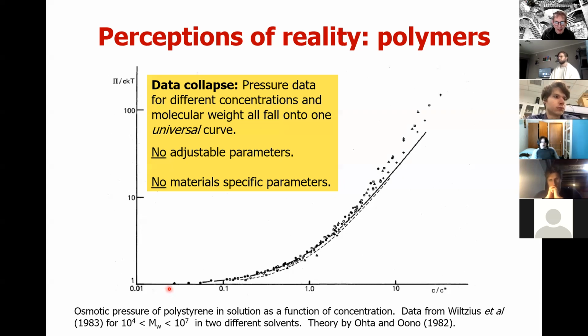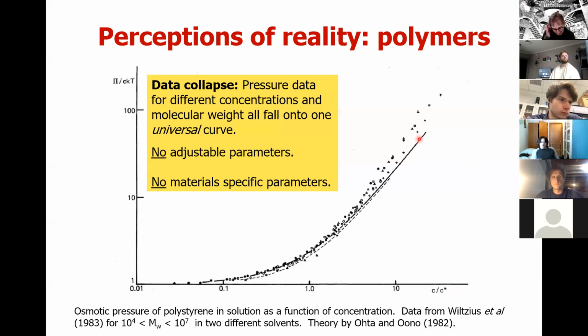And if you do that calculation, you measure the osmotic pressure pi over kT as a function of the concentration of the polymer, C, on the horizontal axis, normalized in a particular way that the theory predicts. And then you get this curve here shown in black.